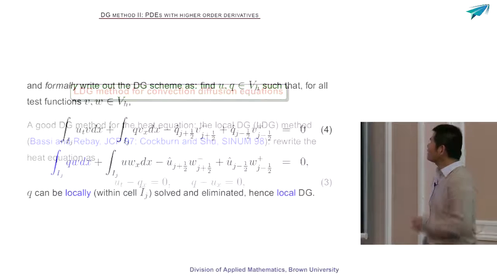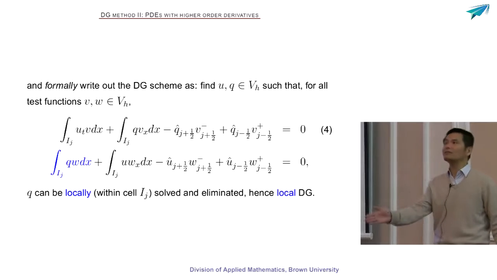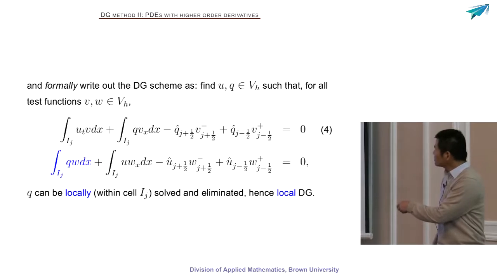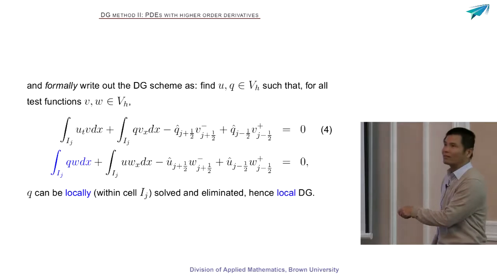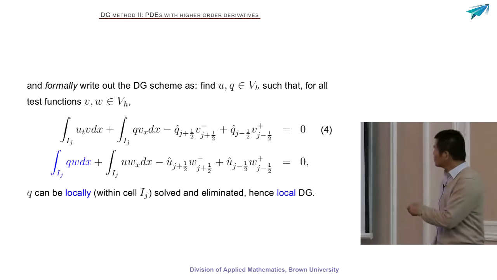First-order PDE, then, at least formally, you can write down the DG scheme just using what we talked about on Friday, hyperbolic equations. This first one is exactly like what we talked about on Friday. This is u_t minus q_x equals 0, so q is the flux.